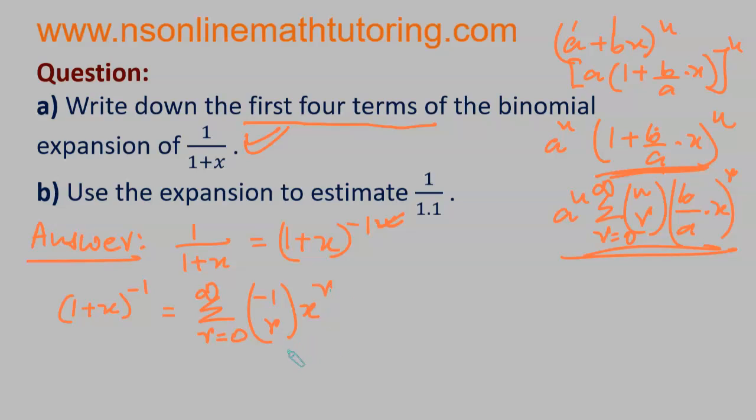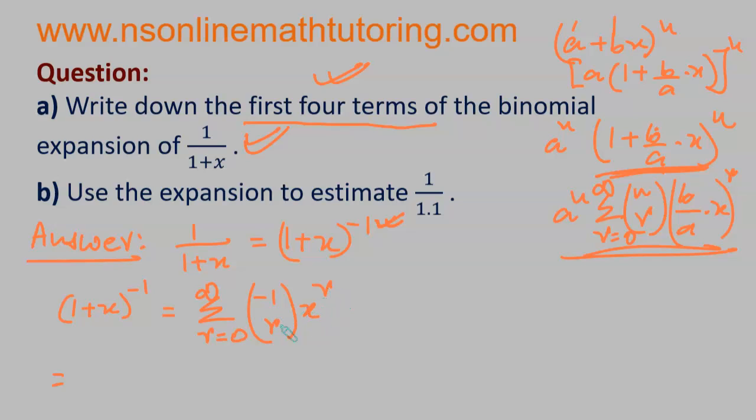Fine. So now we have to give them the first 4 terms. So let's start over here. Our starting value of r is 0. And x to the power of 0 is 1.